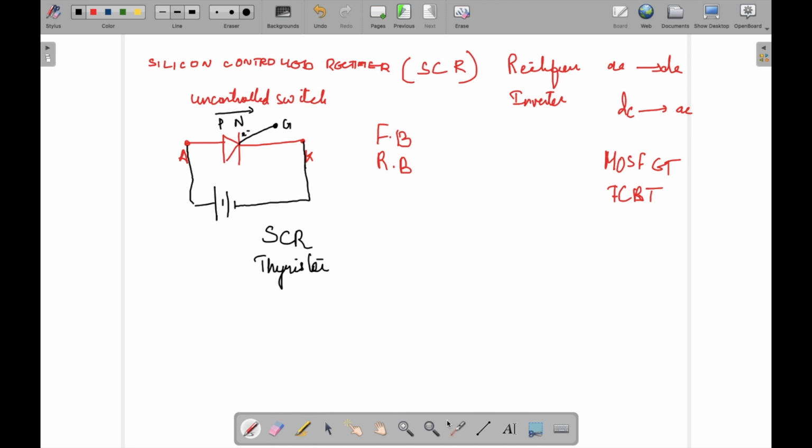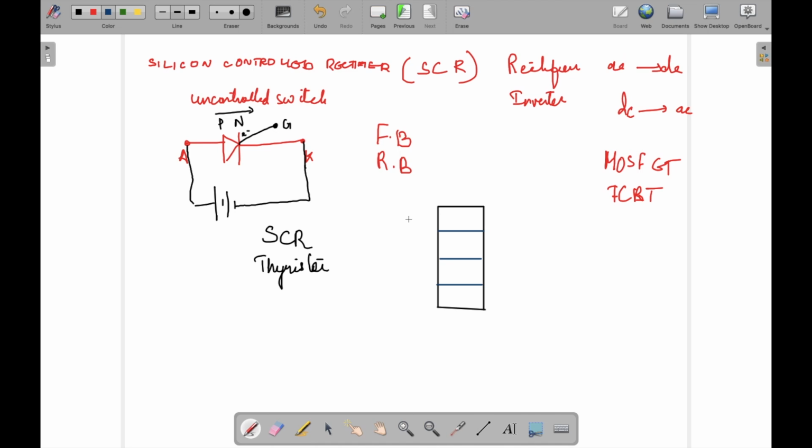Now, when we look at the construction of a thyristor, it is slightly different from what we have seen in the case of a diode. This is a 4 region device and has 3 junctions. So let us first draw that and then understand.